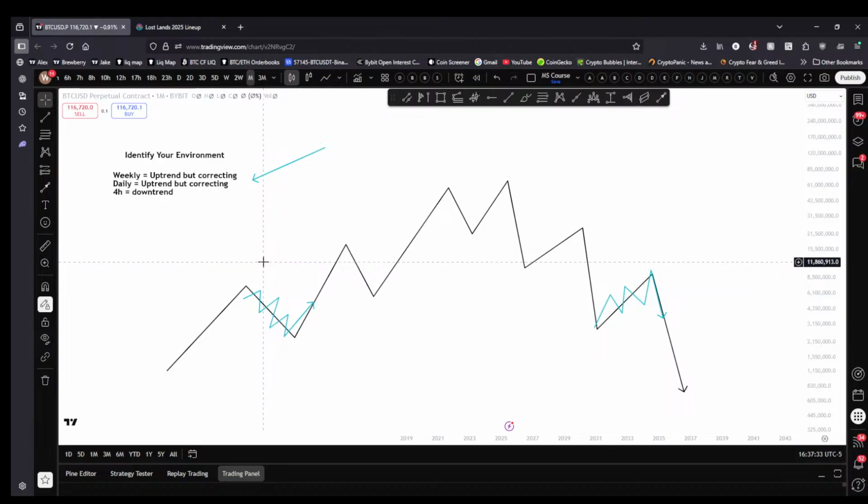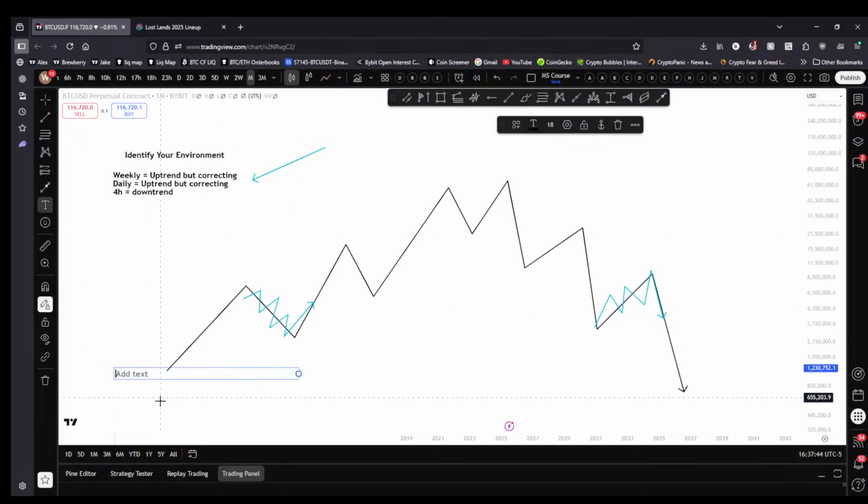So, in this situation, imagine that this downward teal line is the 4-hour structure. So let's outline this. This is your daily strong low. This is your daily weak high.